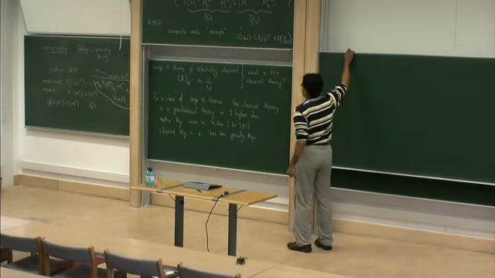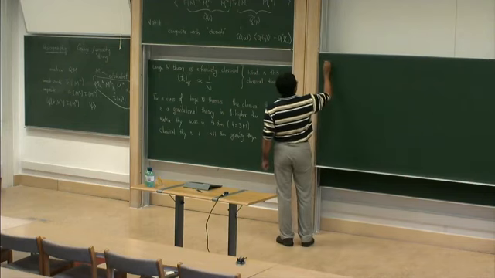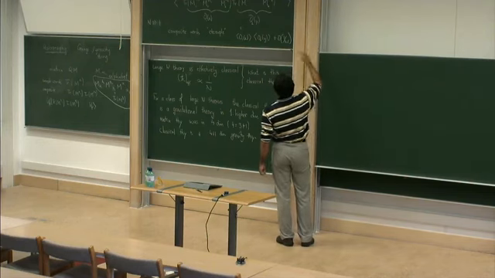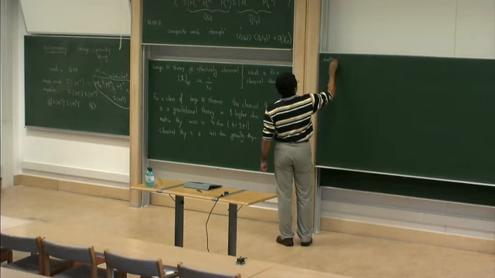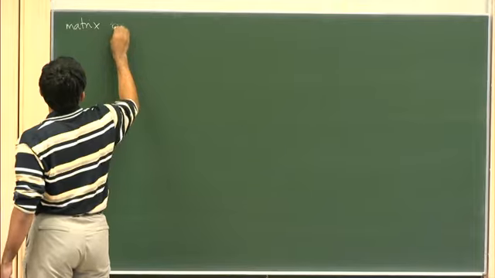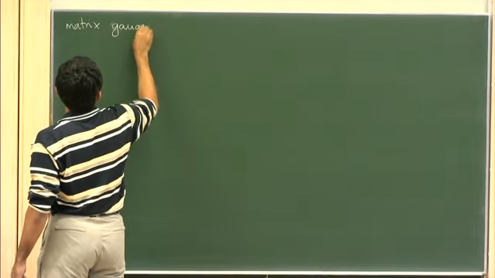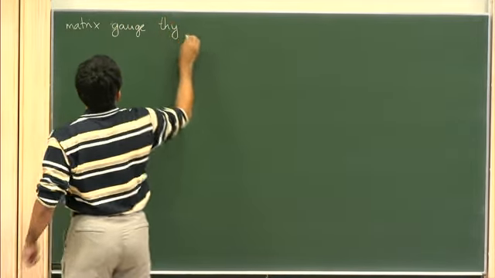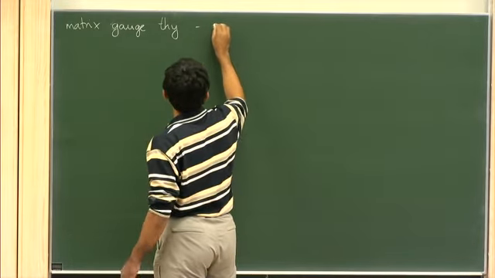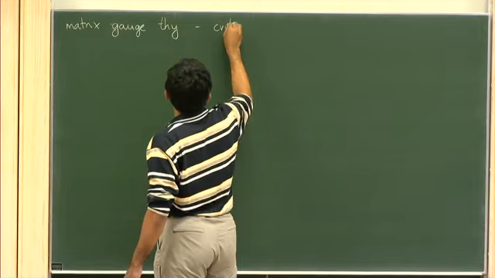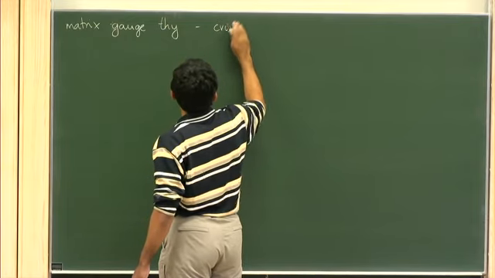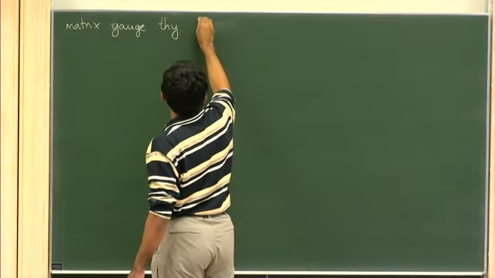So let's take the matrix gauge theory in 3 + 1 dimensions, and let's ask that this theory be critical.